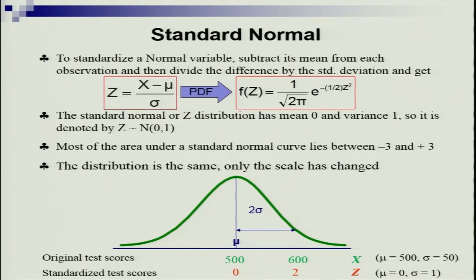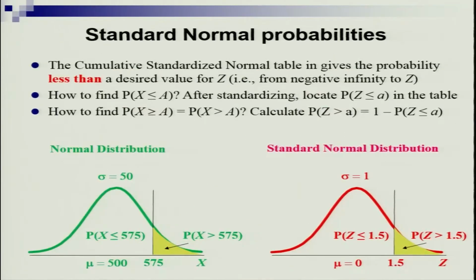You see that the actual location of point 2 on the z axis, or the actual location of the score 600 along the x axis, is 2 sigma away from the mean. Either in the case of original test score it is 500, or in the case of the standard normal variable it is 0, but the difference between the mean in both cases and this actual observation is always 2 sigma.